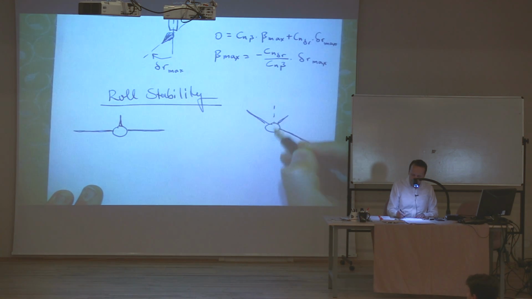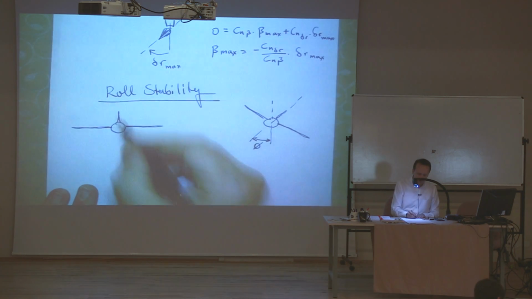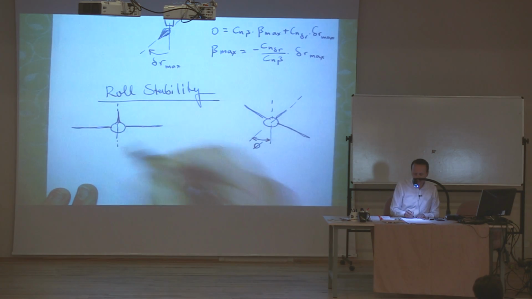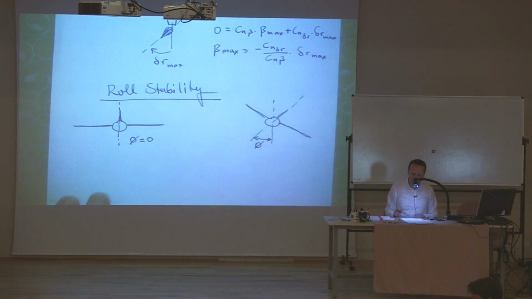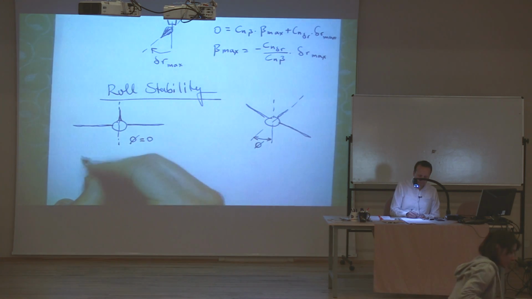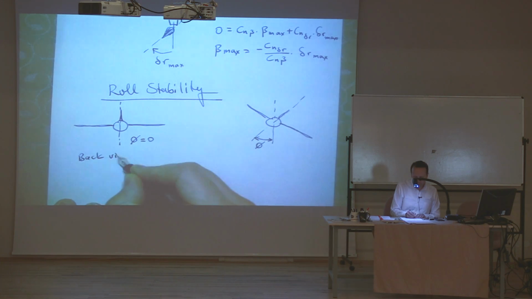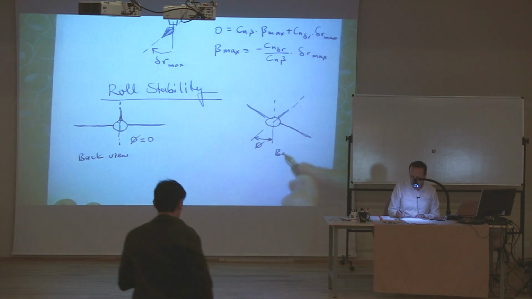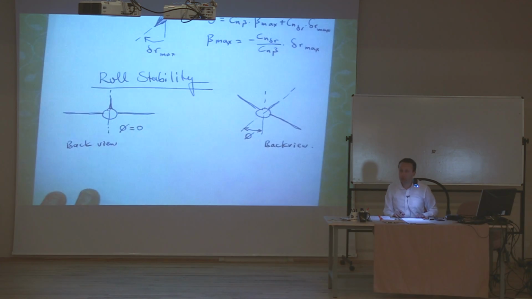This is my phi angle, the roll angle, and here the roll angle is equal to 0. This is looking from the back. This is the back view, so I'm looking from the back.